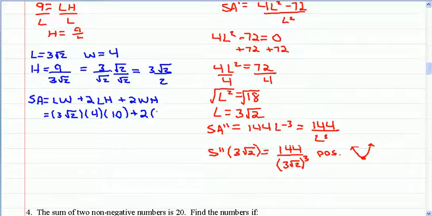So 2 times the length is 3 root 2. The height is 3 root 2 over 2.